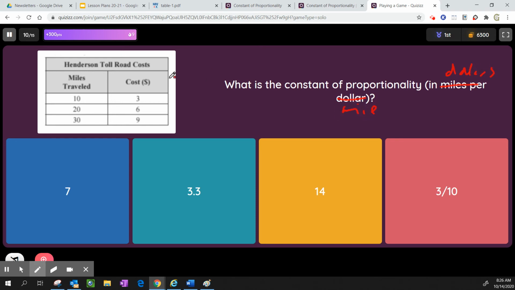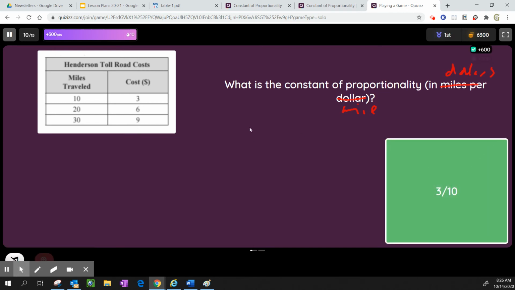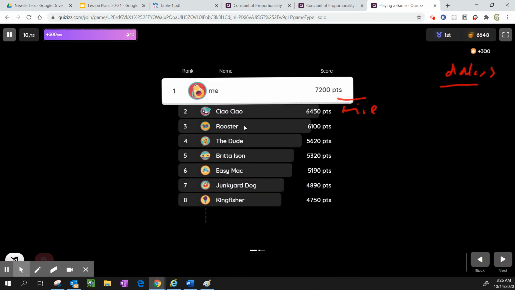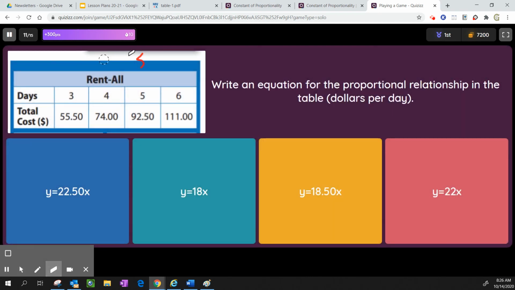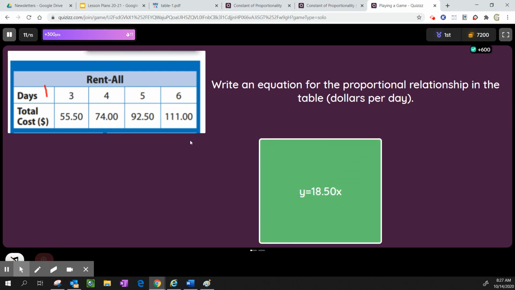So I'm going to do my dollars divided by miles, and that's why I get 3/10 as my answer. And this one, I'm going to write an equation from here. So again, I need my 1. So I could do 55.5 divided by 3, and I get 18.5. And so then my equation with the 18.5 would be this one.